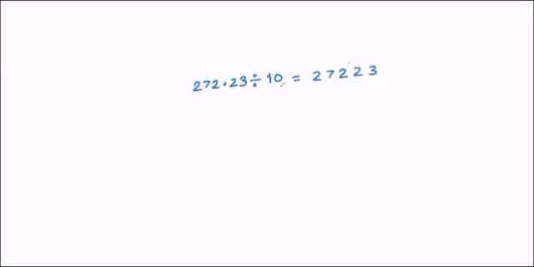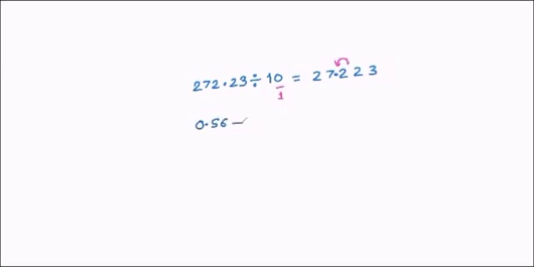Now how many zeros in the divisor? In the divisor we have 1 zero. So we have to move one place to the left, because it is division, we have to move left. So we'll move one place to the left and we come here, and hence we give our decimal point here. So the answer is 27.223.